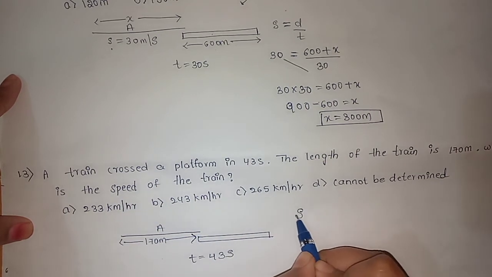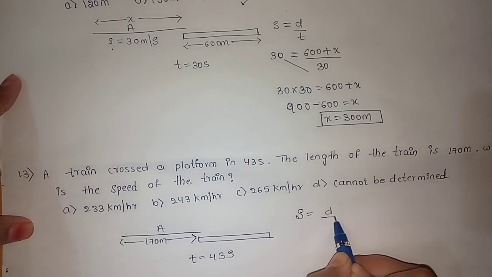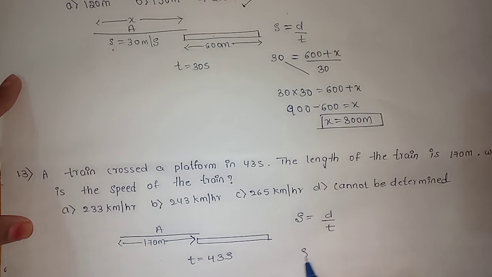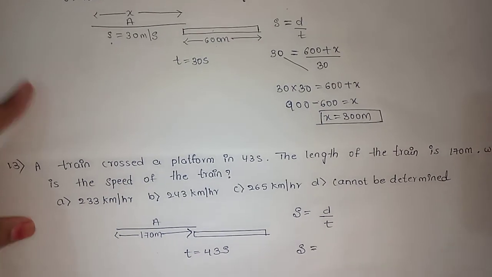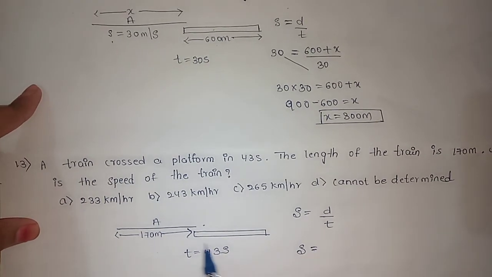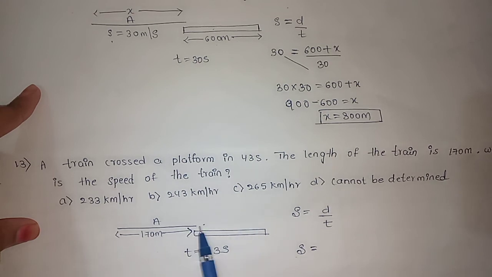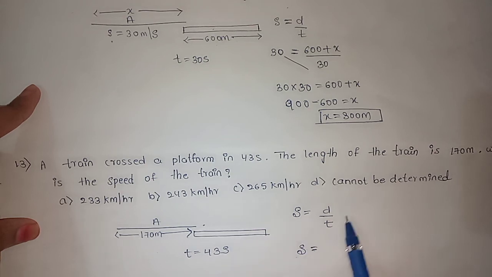To find speed, we have the formula distance by time. We are asked to find the speed of the train, but the length of the platform is not given. To find the speed of the train, we need the length of the platform, because we can't find two unknowns, the speed and the length of the platform, at a time.